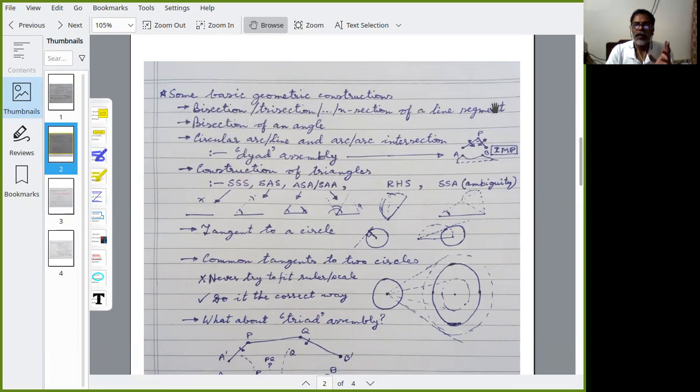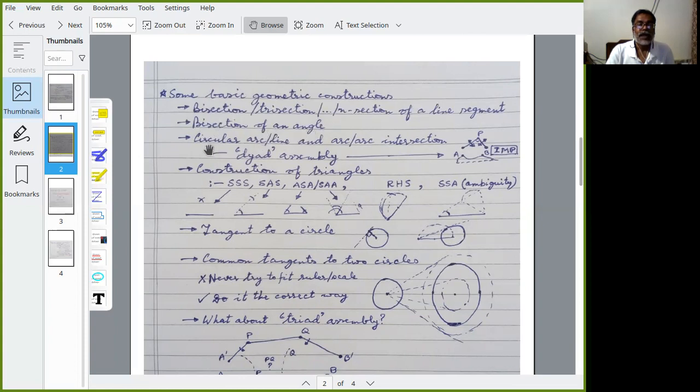For a line segment, what is the correct way to bisect, trisect, or make n sections of a line segment in equal sections? So there are standard methods which you learned in school. Bisection of an angle, and you don't talk of trisection of an angle because geometric construction methods for trisection of an angle do not exist.